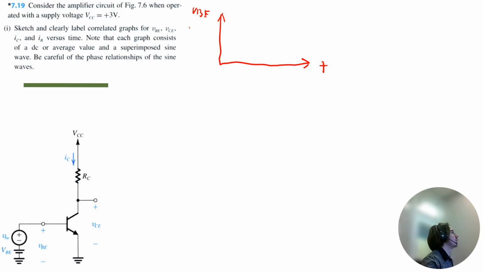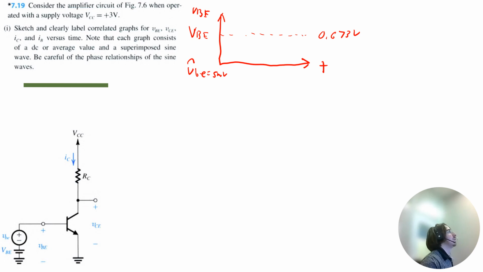So first I'm going to label my DC, capital VBE, which was 0.673 volts. So this is not the graph actually, I'm just kind of labeling this here. 0.673 volt. Okay. Now, our small signal VBE had an amplitude of 5 millivolts.